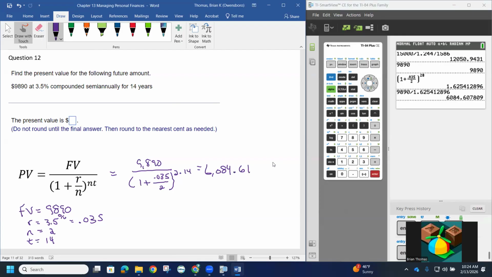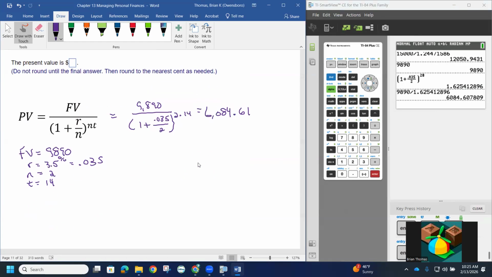Since we have to round to the nearest cent, what tells me how to do that is the 7. Since 7 is 5 or more, we round up to 61 as opposed to keeping it at 60. Again, notice your present value is smaller than the future value, so that makes sense.